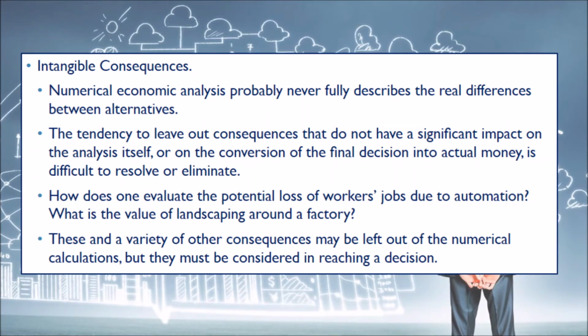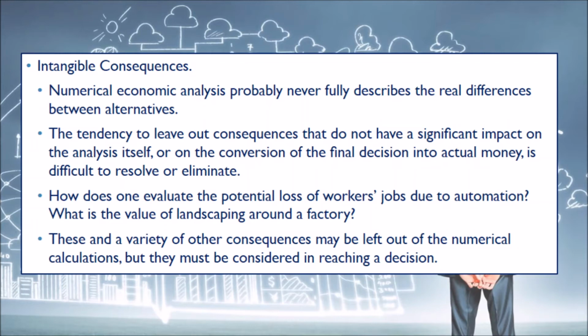Intangible consequences. Numerical economic analysis probably never fully describes the real differences between alternatives. The tendency to leave out consequences that do not have a significant impact on the analysis itself or on the conversion of the final decision into actual money is difficult to resolve or eliminate.